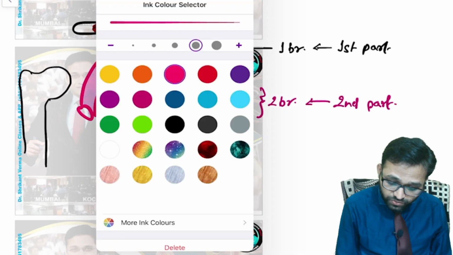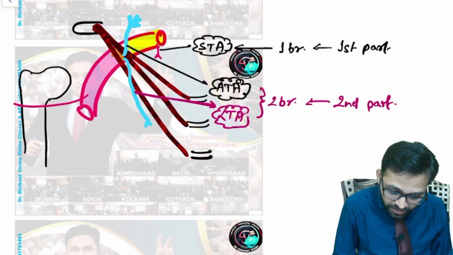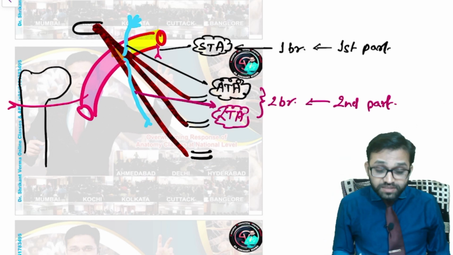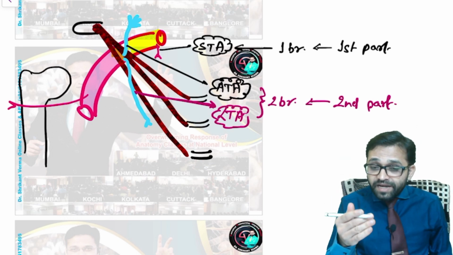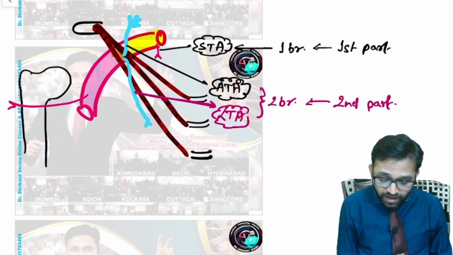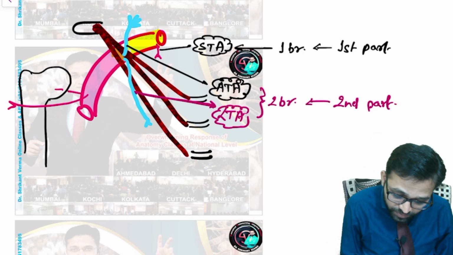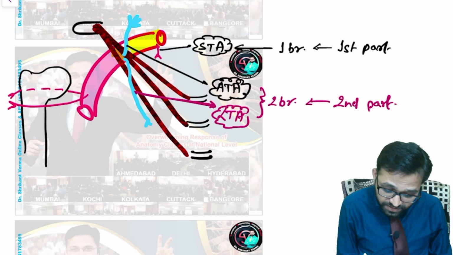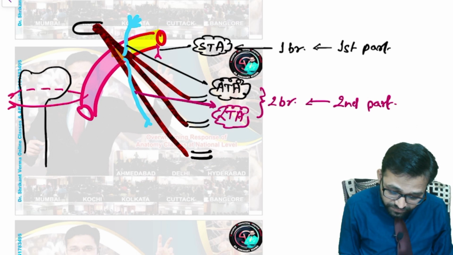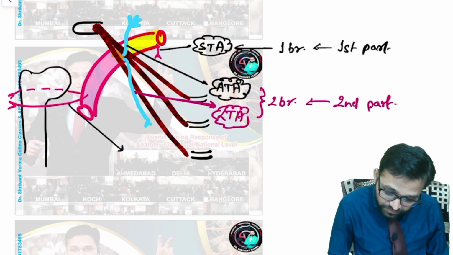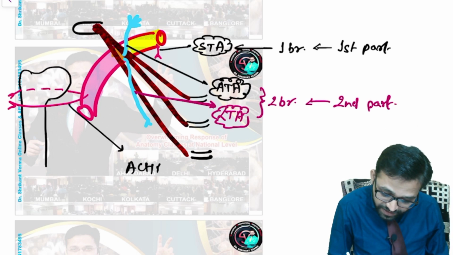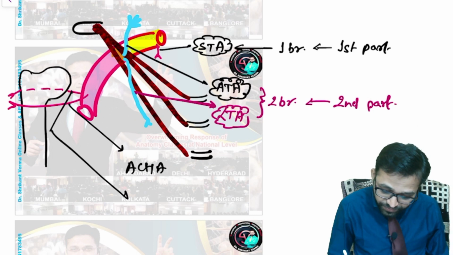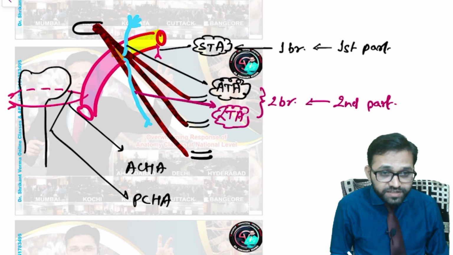There is an artery running anteriorly to the surgical neck of the humerus, known as the anterior circumflex humeral artery, and another artery is running from the posterior side and anastomosing with this. So this is our ACHA, anterior circumflex humeral artery, then here is our posterior circumflex humeral artery.